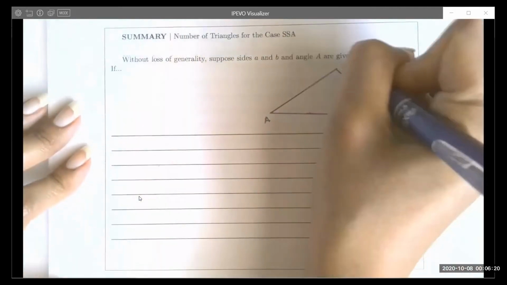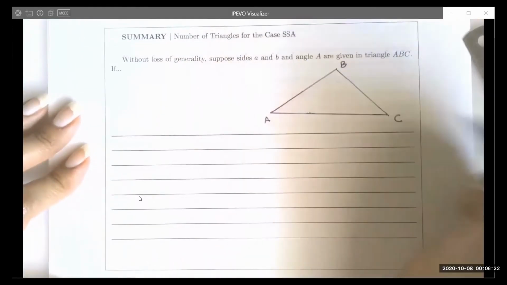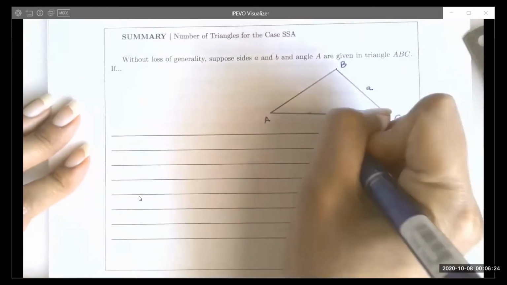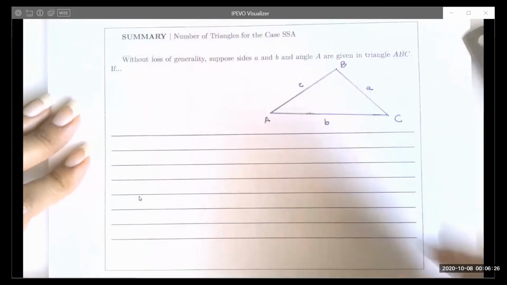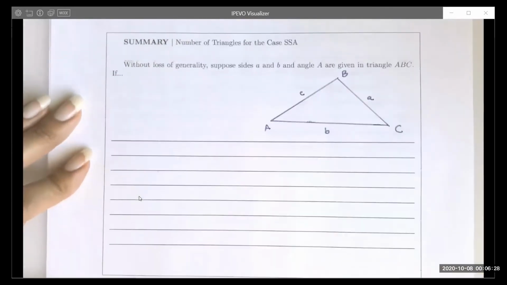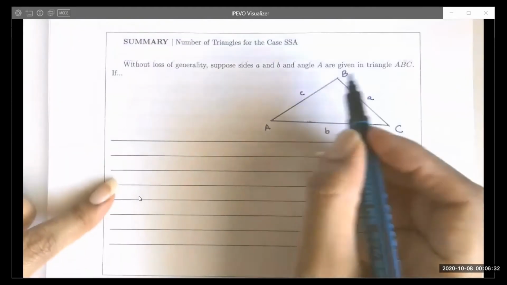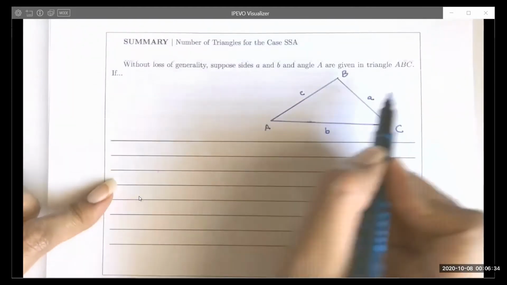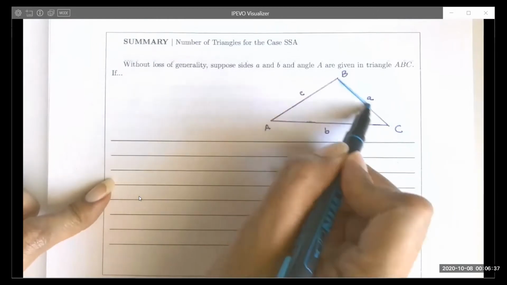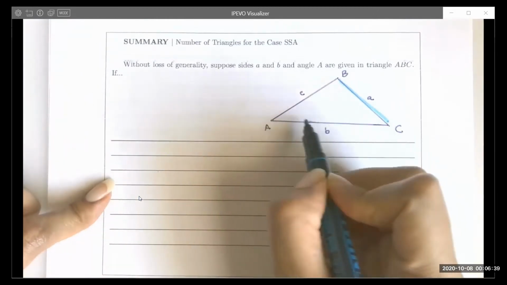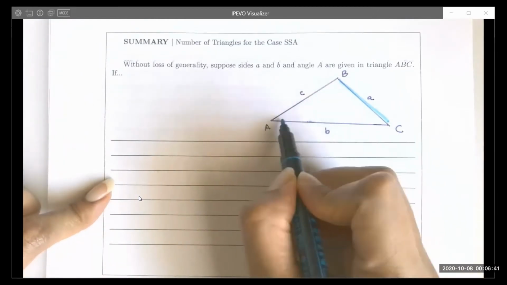So we have angle A, angle B, angle C, side A, side B, and side C. And we're assuming that they gave us side A and side B.